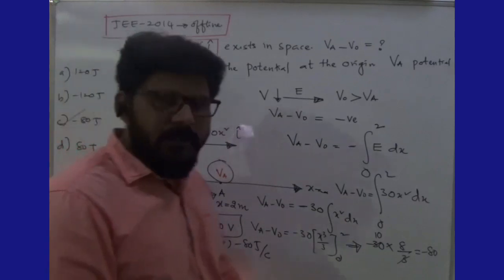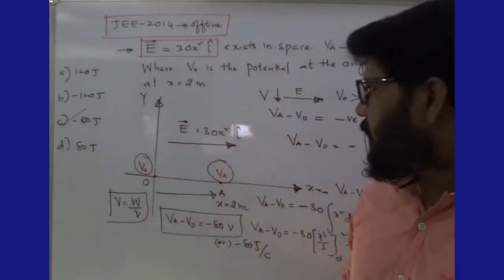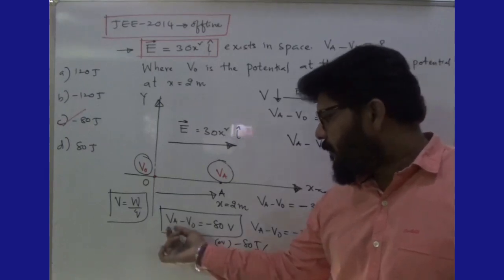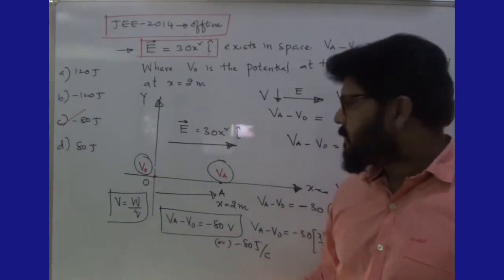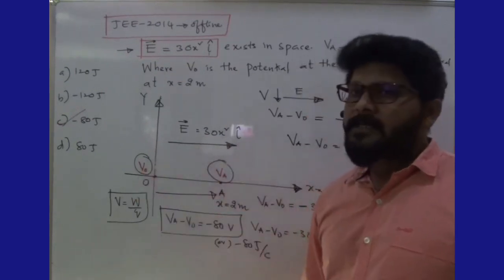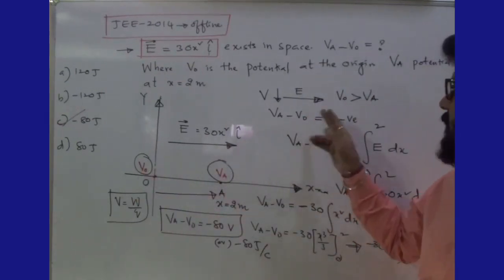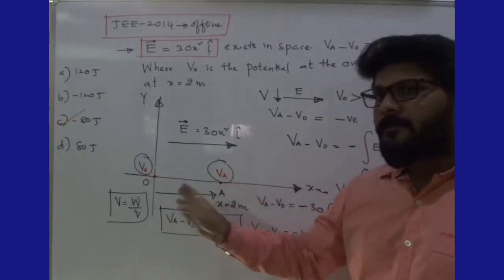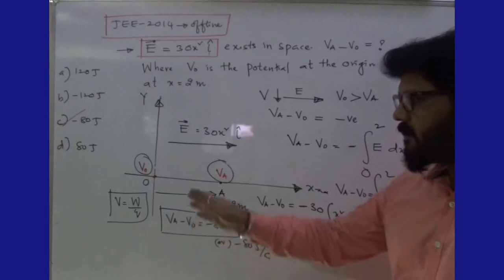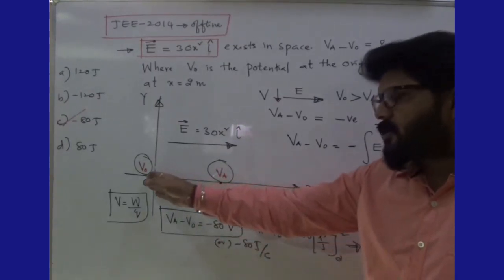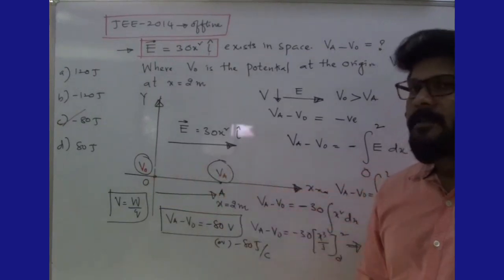See, very clearly, why are we getting negative potential? Can anybody tell conceptually? V0 is greater than VA. We are subtracting VA minus V0. If it were V0 minus VA, then it will be positive, because as we are moving away, V0 is greater than VA.